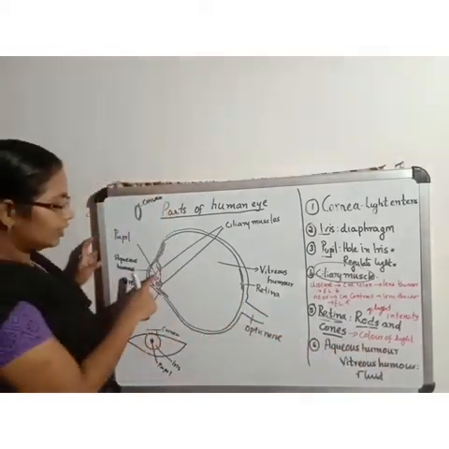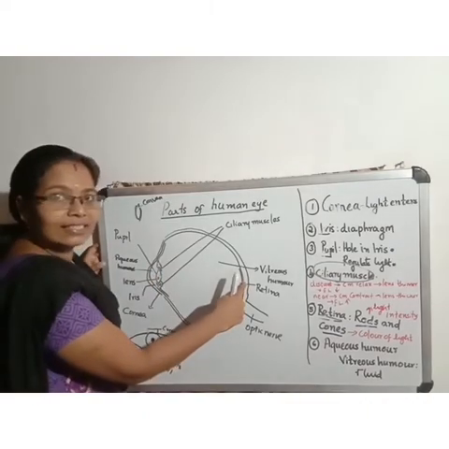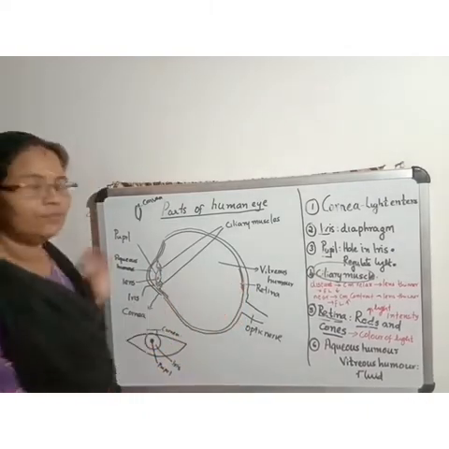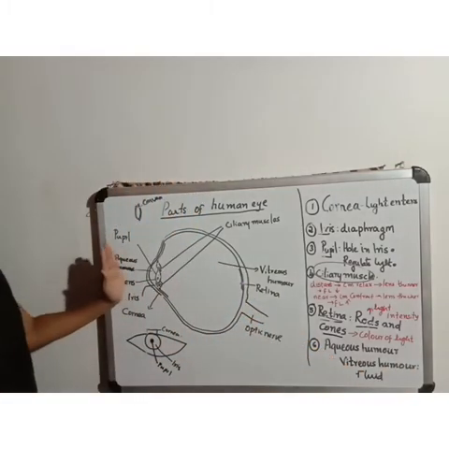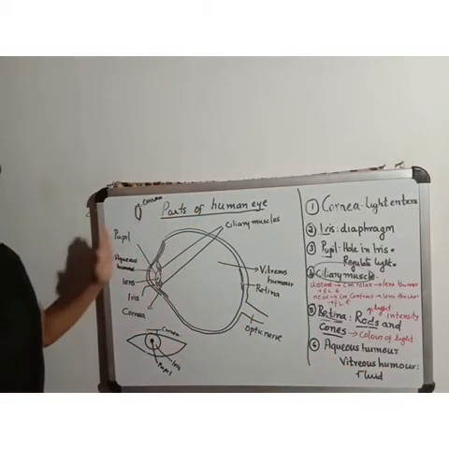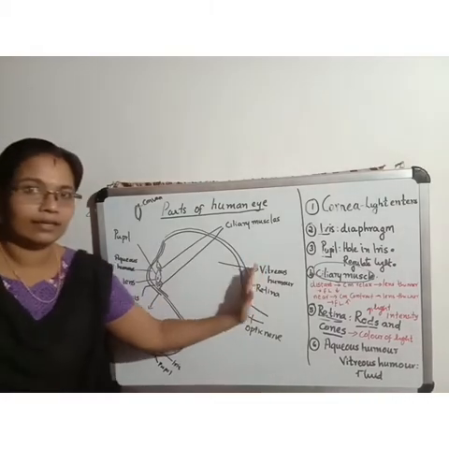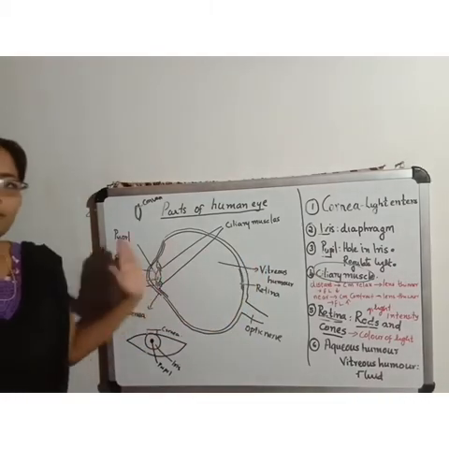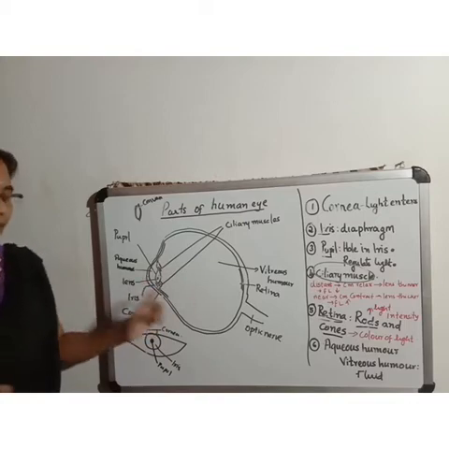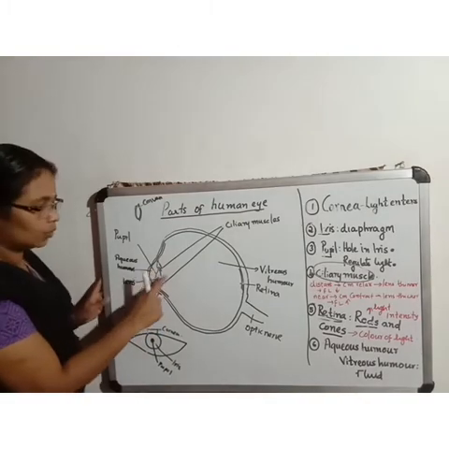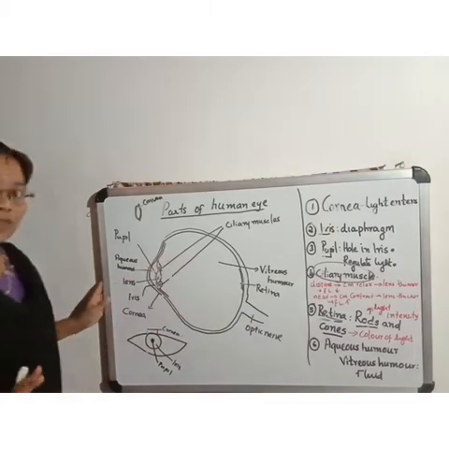And in between the lens and the retina you can see a fluid which is called the vitreous humor. So here it is aqueous humor and here it is vitreous humor.